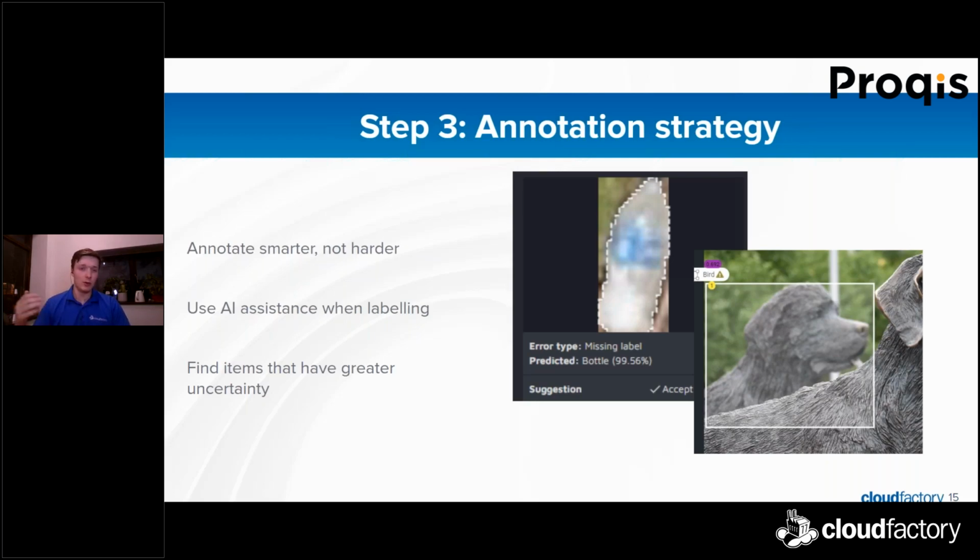So you could have humans go in and verify the annotation the system's done, or you could have humans annotate stuff and the AI come in and go, actually this might be missed, or this actually might be in the wrong class, or actually this might be the shape of it, and you do that comparison. Either strategy works. Sometimes you can combine the two, depends on what you're trying to achieve. But looking at that strategy is actually really important, because that can save you a lot of time, money, and effort in getting to where you want to get to.